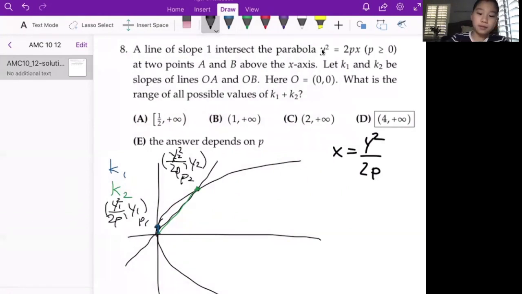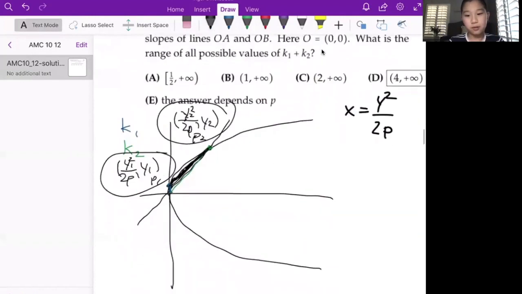So we know that P1, P2, this line, has a slope of 1. And we also know how to find the slope using these variables. So let's do that.